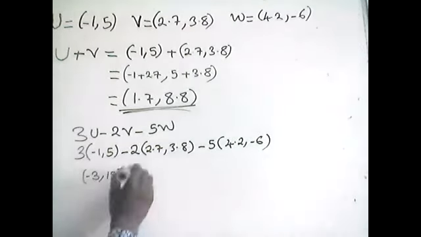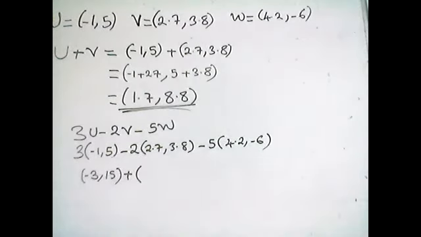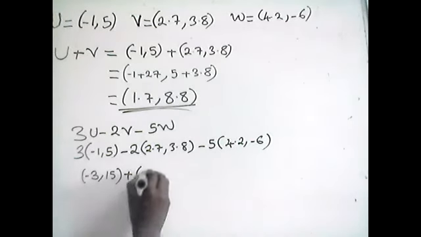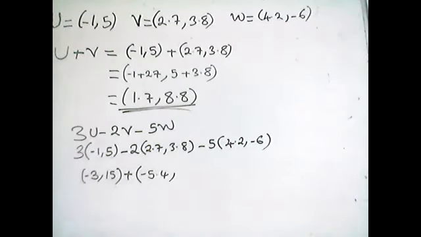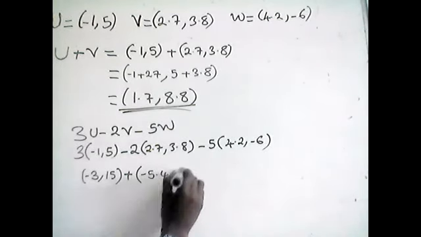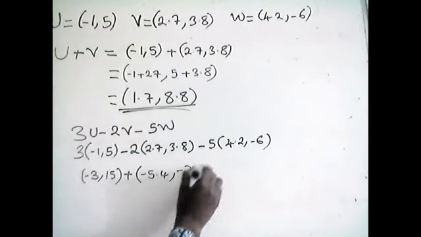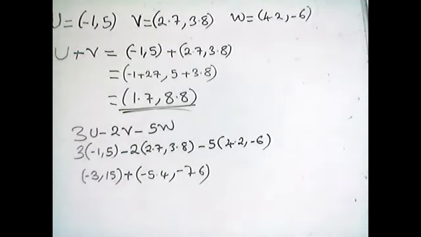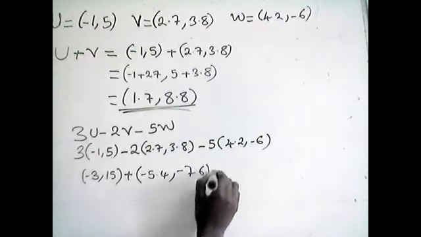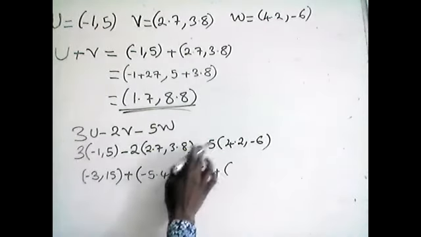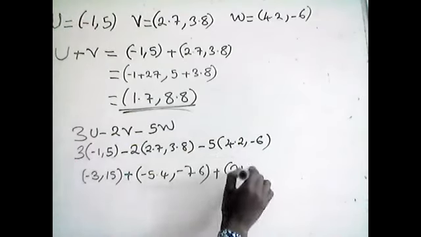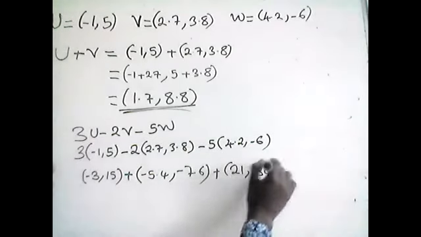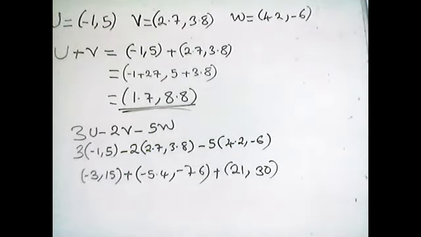So -2 times 2.7 gives -5.4, and -2 times 3.8 gives -7.6. Then -5 multiplied by 4.2 gives -21, and -5 times -6 gives 30. So that's what we have there.